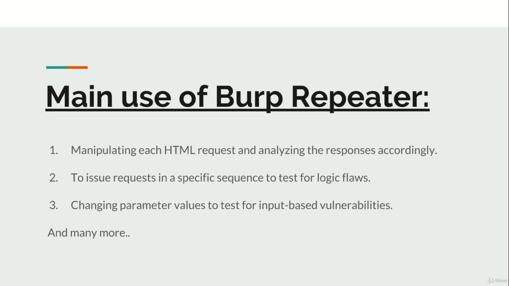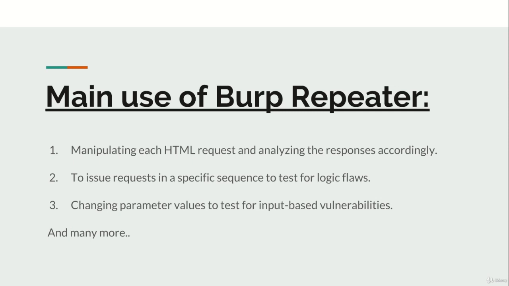The first thing is, what is the use of Burp Repeater actually? Burp Repeater is used for manipulating each HTTP request, and then you can analyze each of the responses accordingly. Since one request has one response, you can just view and analyze. If you change something in the request, you can analyze what the change is, and what the expected change in the response is.